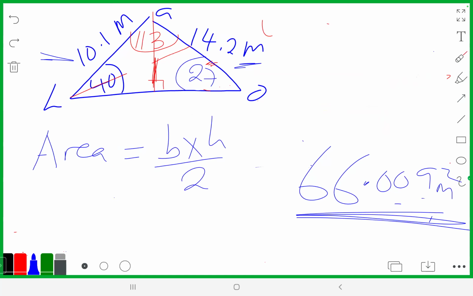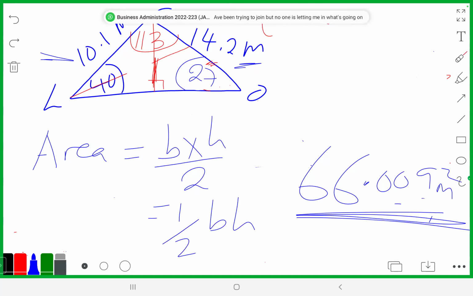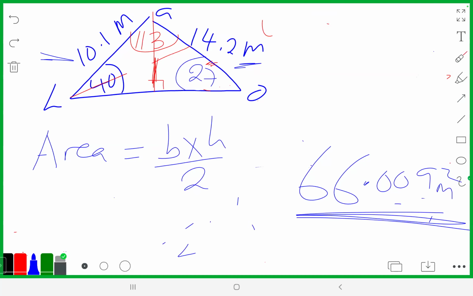Just from the way you find the area of this, you know that it is the same as half BH. Then you are looking for H, which is the height, like the perpendicular distance.